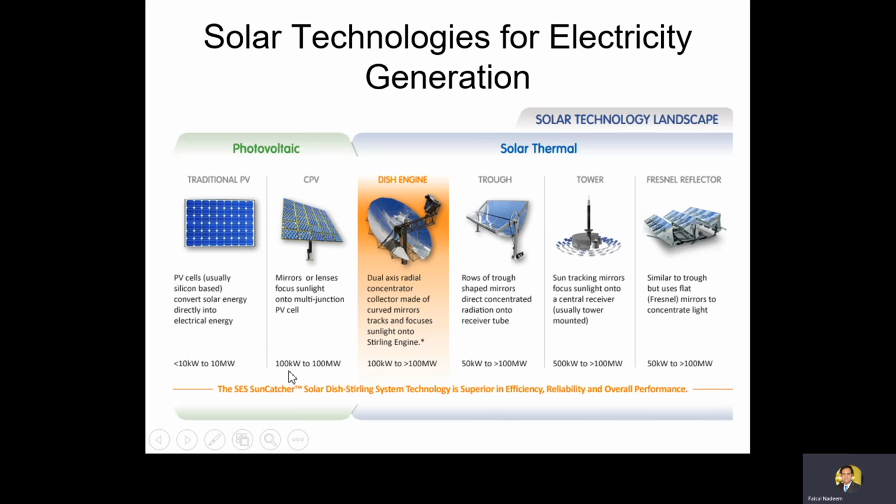Their power production range is around 100 kilowatt to 100 megawatt. Then we have the dish engine, a dual axis radial concentrated collector made up of curved mirrors, and its range is 100 kilowatt to greater than 10 megawatt. Then this is a trough collector, this is a tower, and this is a Fresnel reflector. We will discuss all these technologies in detail in the upcoming slides.